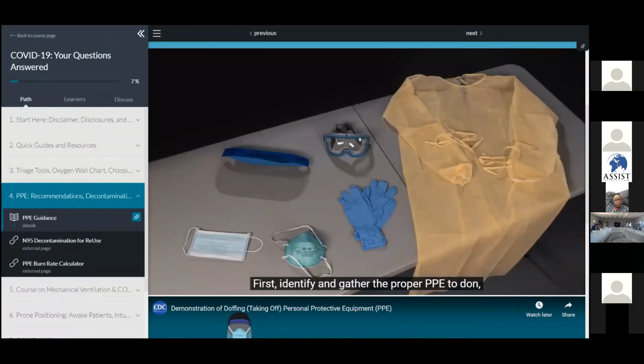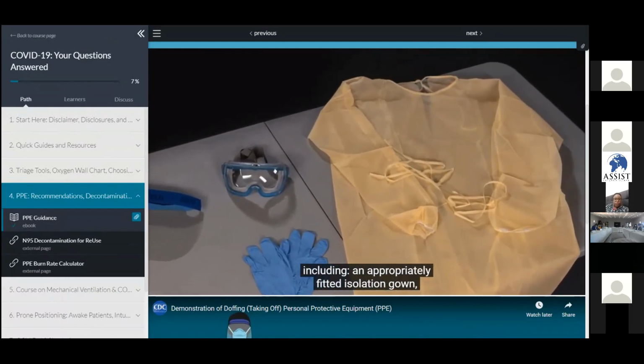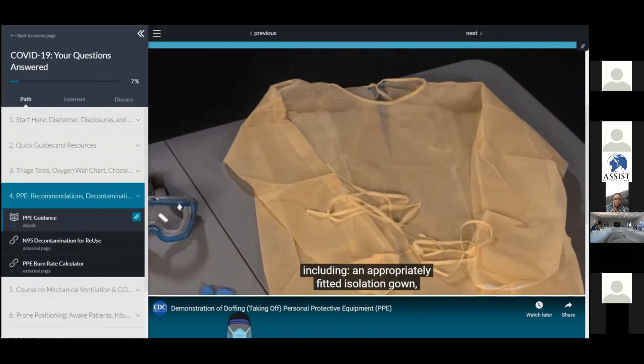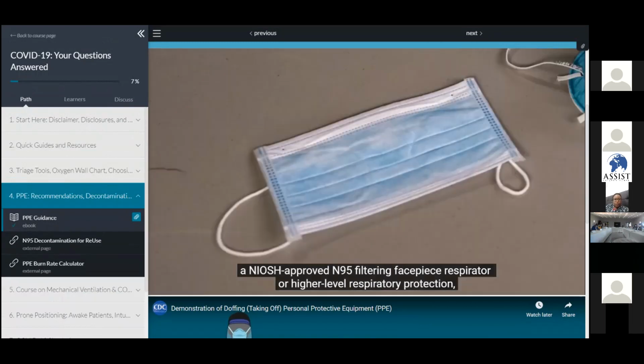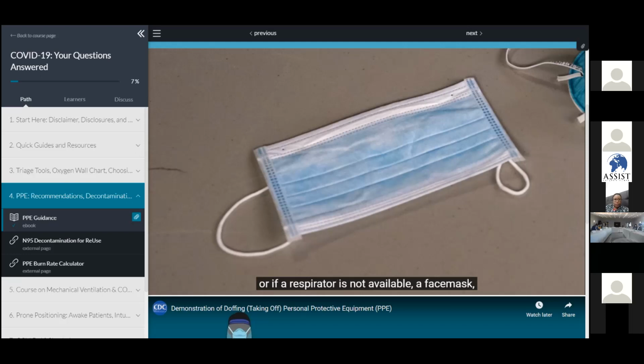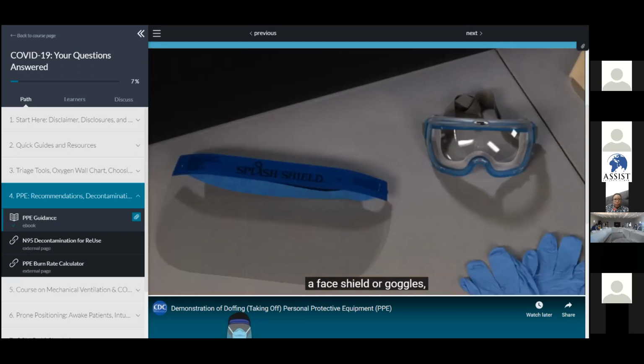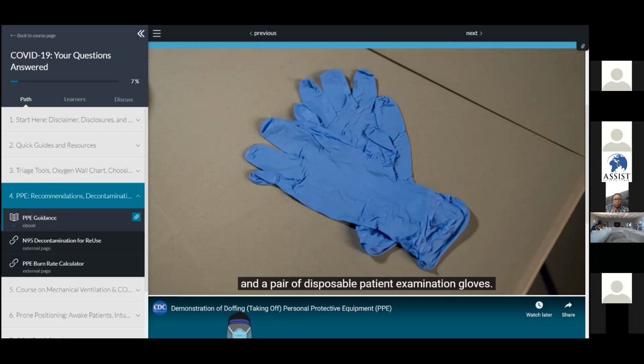First, identify and gather the proper PPE to don, including an appropriately fitted isolation gown, a NIOSH-approved N95 filtering facepiece respirator or higher level respiratory protection, or if a respirator is not available, a face mask, a face shield or goggles, and a pair of disposable patient examination gloves.